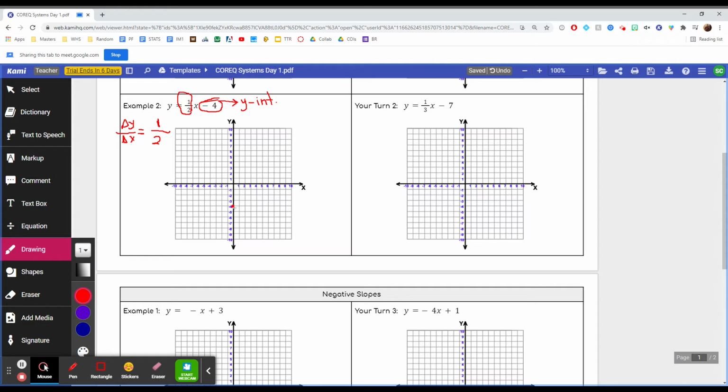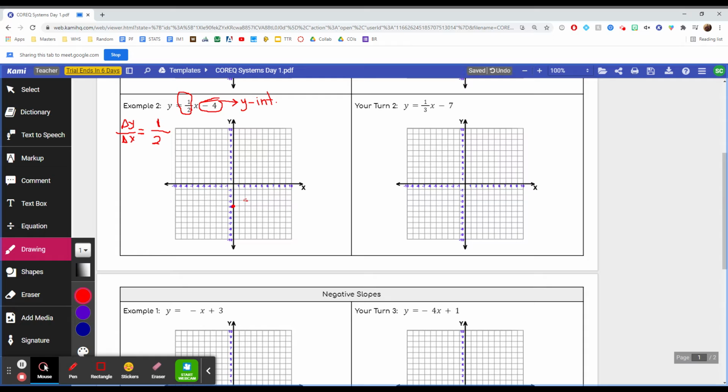Now from there, I'm going to move the slope. So again, I'm moving 1 unit in the positive direction on the y, so I'm going to go up 1, and I'm moving 2 units in the positive direction on the x. So 2 to the right, 1, 2, and that's my next point.